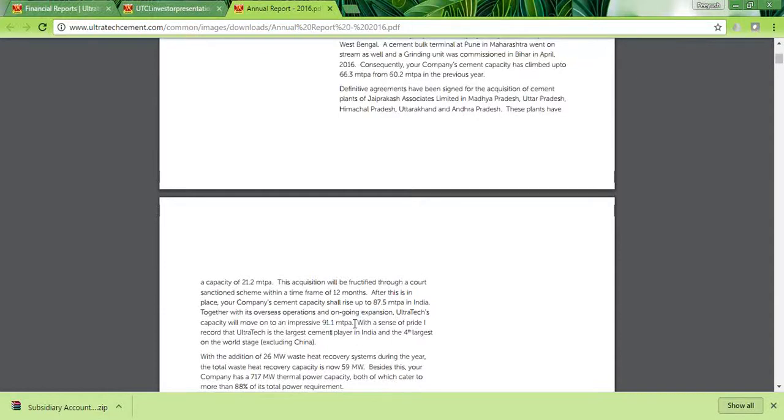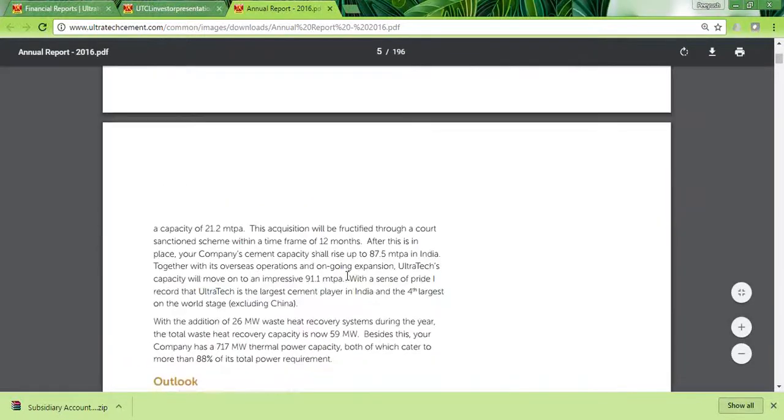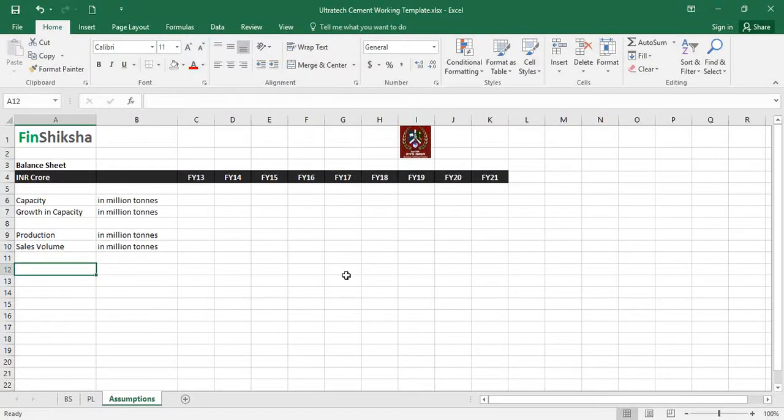So when we look at this data, two things come out. One of the important things, and we will probably read more important parts of this: right now, the total capacity of the firm should become 87.7, right? This assumes the company has included the Jayaprakash Cement data into the company here.